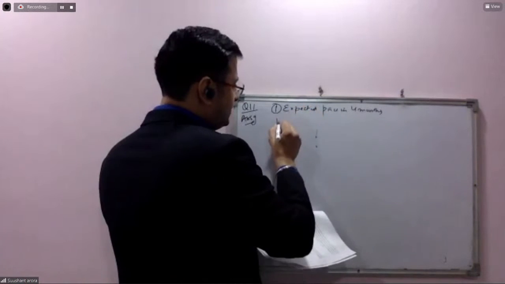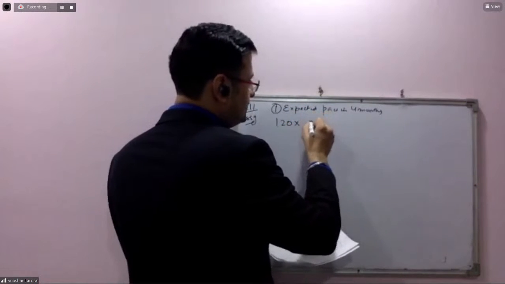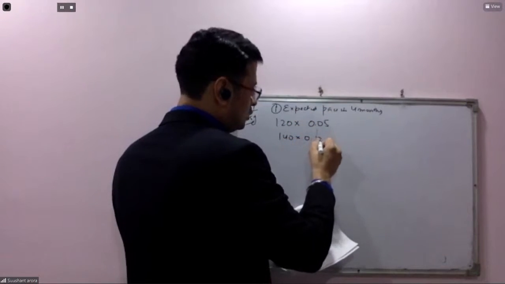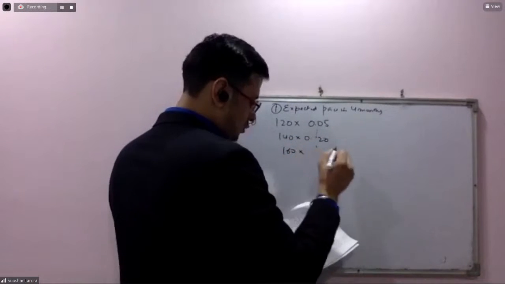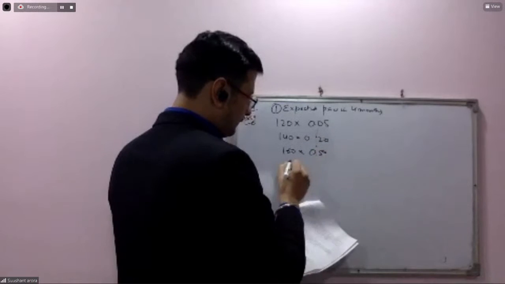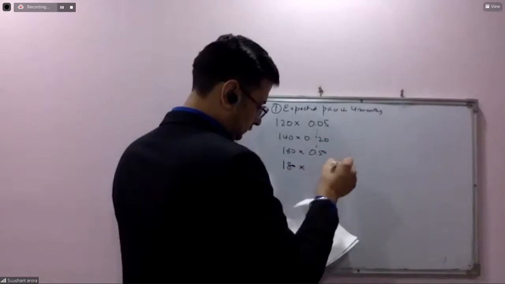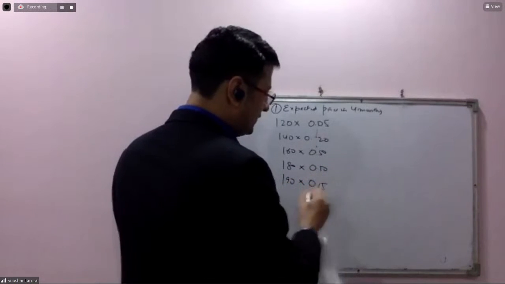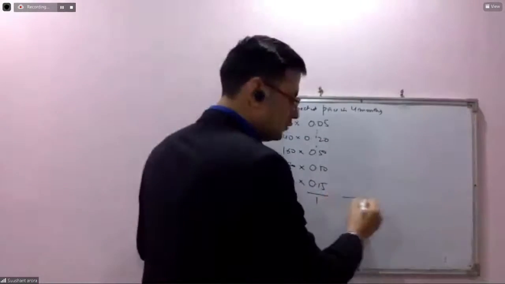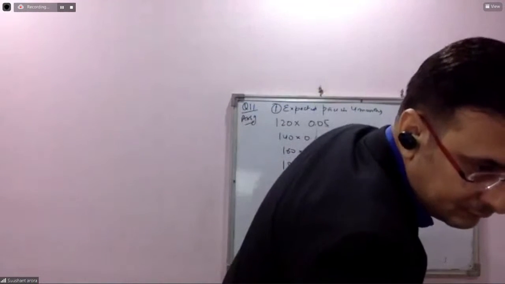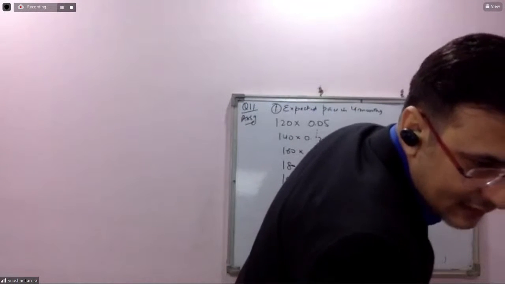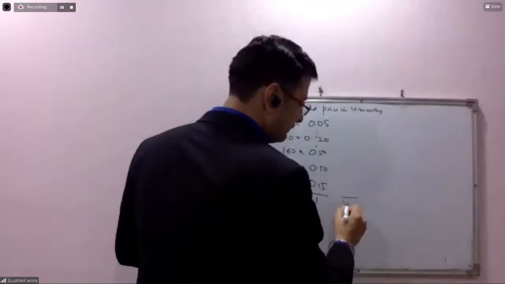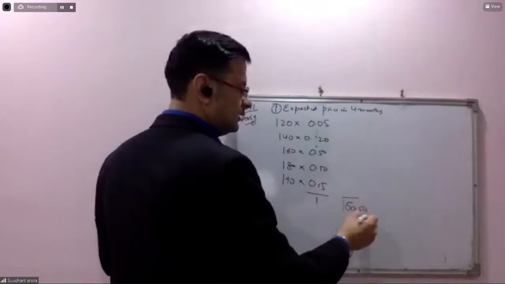The expected price: 120 into 0.05, 140 into 0.20, 160 into 0.50, 180 into 0.1, and 190 into 0.15. The sum of probabilities will be 1. And you will get a price. Let me see. Somebody has done that while I was speaking. Okay, thank you. It's 160.50. Others can check.